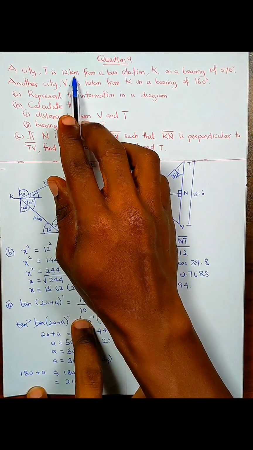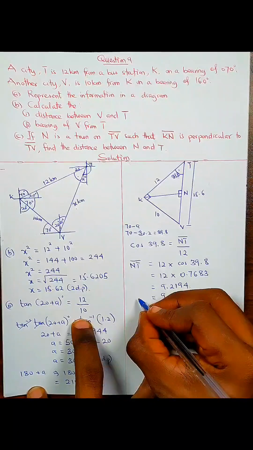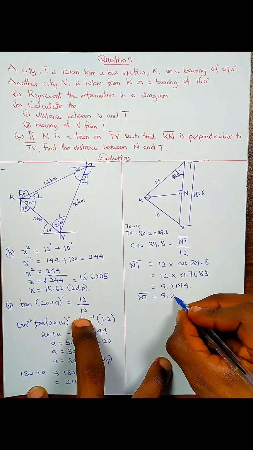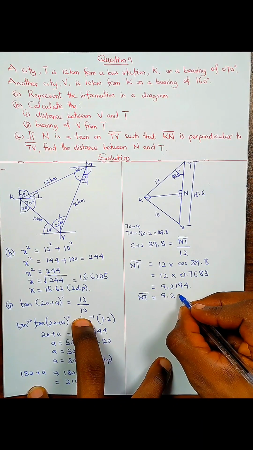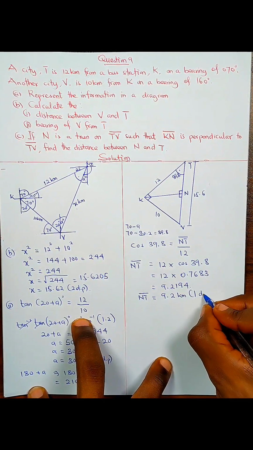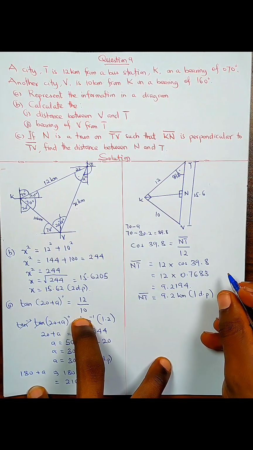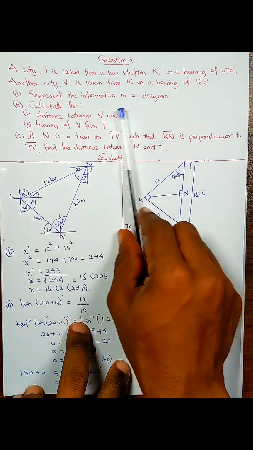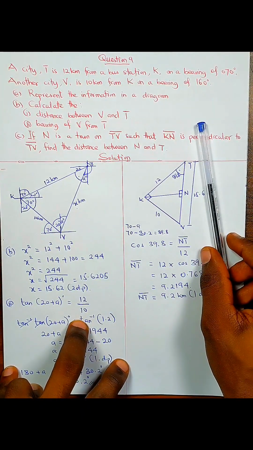So since the measurement was in kilometers and this is a distance, I have to add NT length is what? 9.2 kilometers, and I'll say to 1 decimal place. So we've been able to find everything that we've been asked from the question. Thank you.